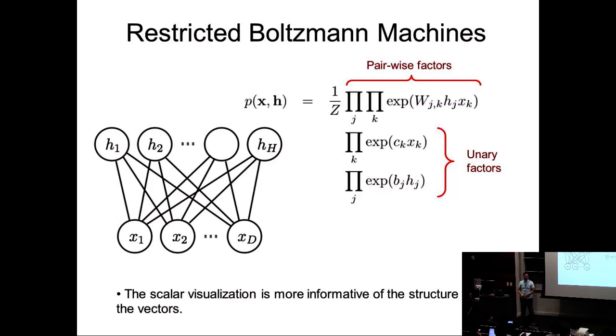X would represent pixels in your image, right? These are going to be binary pixels, 0s or 1s. H would represent hidden variables. Again, these would be 0 or 1s. And you can say the joint probability given parameters W, C, and B for any configuration of X and H, its probability is going to be given by this expression. Okay? Again, these are pairwise and these are unary factors.